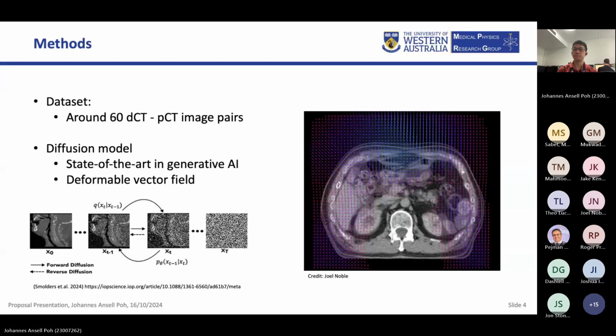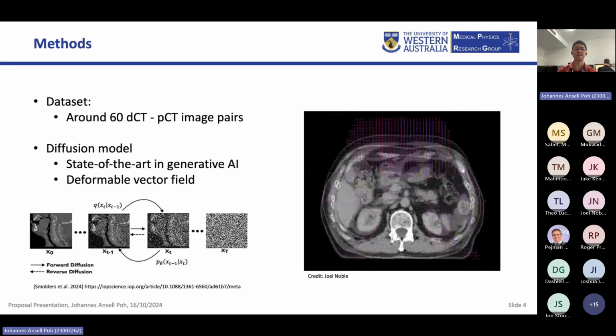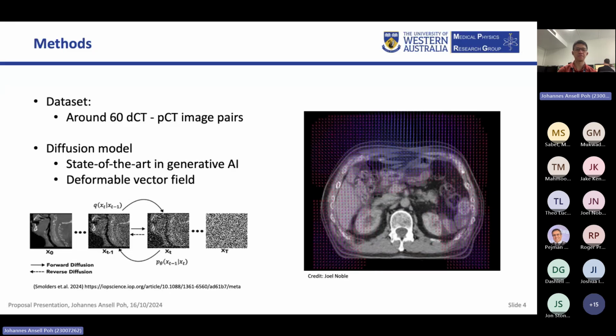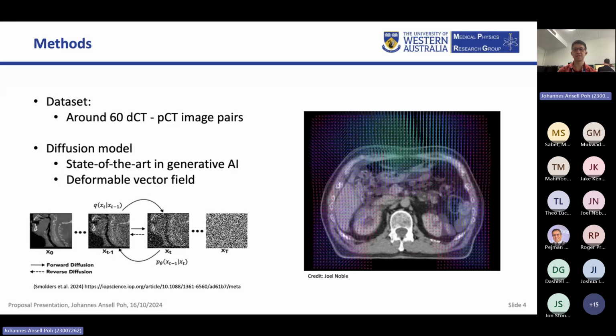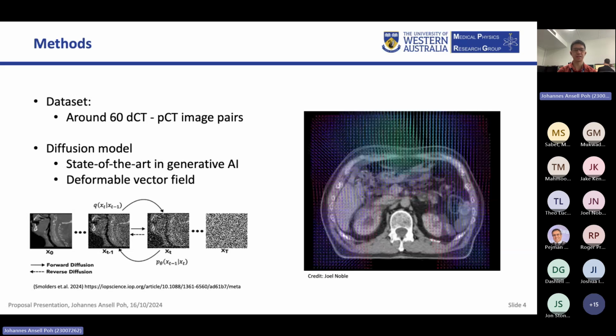And because the diagnostic CT and planning CT can be thought of as a deformed version of each other, we can train the model to output a deformable vector field. As you can see in the image on the right, the deformable vector field can be used to deform the diagnostic CT to create the synthetic planning CT.